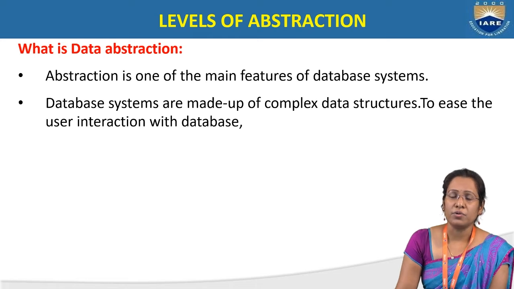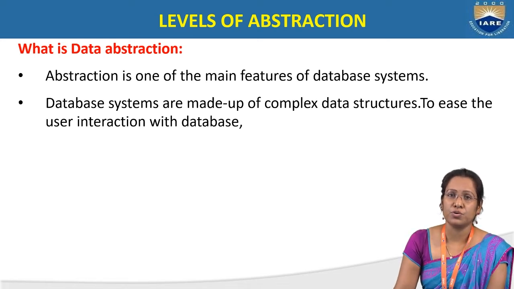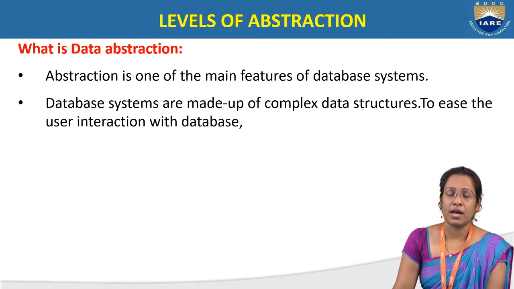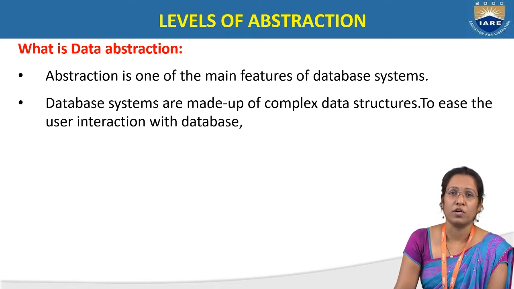If the database is very complex and holds a large amount of data, it is not an easy task for the user to interact with the database efficiently, because it is very tough for the user to find whatever data he wants. To overcome that situation, and to make interaction easy for the user with the database, data abstraction came into existence.